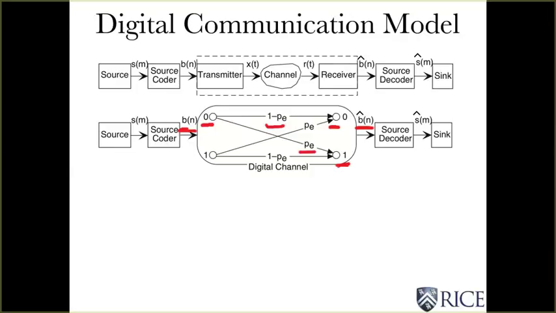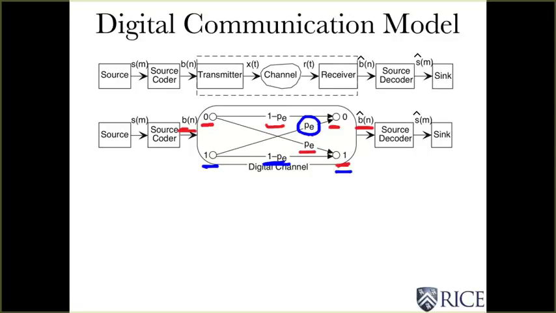And we know that PE is related to all the detail in the analog channel. Similarly, if you send a 1, it will come out a 1 with probability 1 minus PE, and will be converted to a 0 with probability PE. So this is called a symmetric channel for obvious reasons.